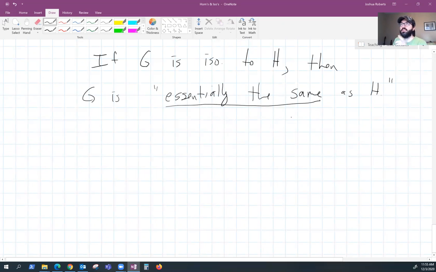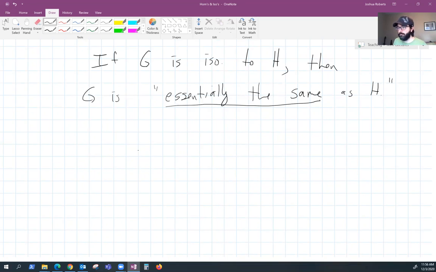Remember, a group is just a set with a binary operation that satisfies the axioms. So essentially the same means they're essentially the same as sets. They have to have the same cardinality, and the group structures have to be essentially the same.